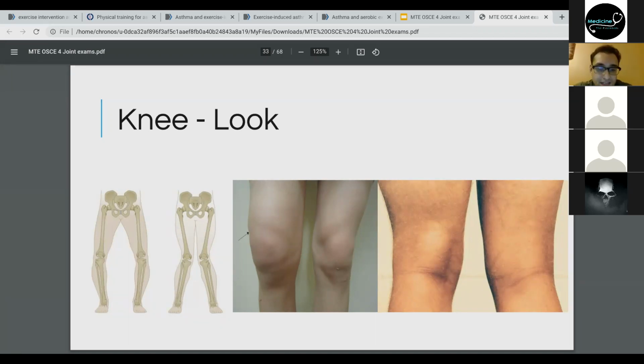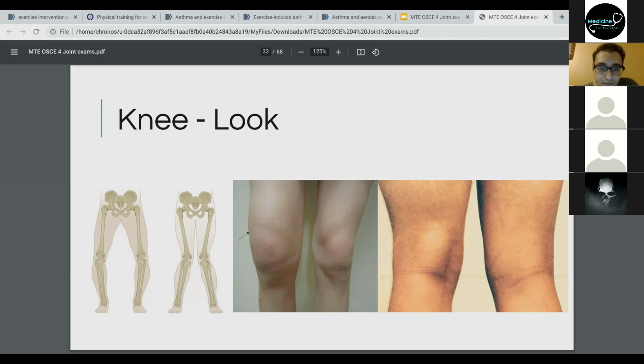Can anyone tell me what's happening in picture 2? Someone's written effusion, someone's written patella.